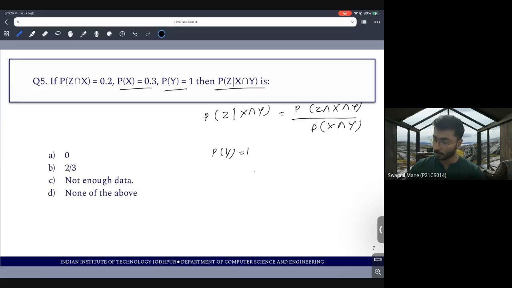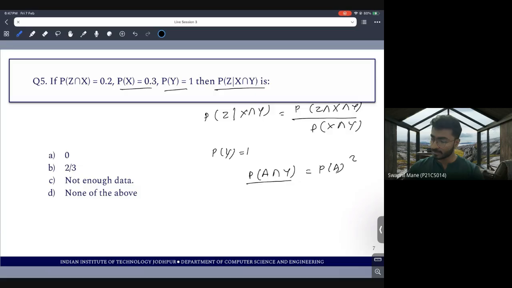That means, suppose we take any event A and event y, both occurring together, and here considering the probability of y is equal to 1. In this case, this should be the probability of A, because y is always true, it always happens. We can write it this way as well.